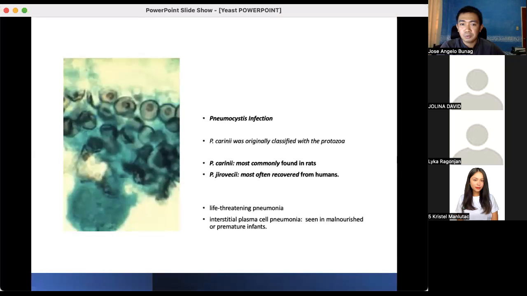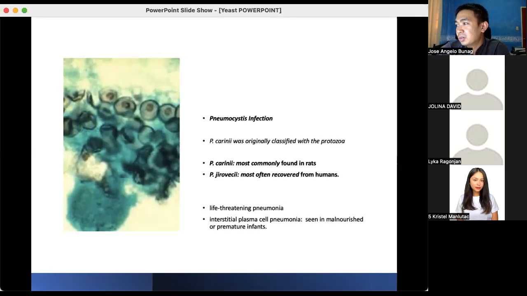And we also have your Pneumocystis infection. But with regard to Pneumocystis, actually, traditionally, we just need to diagnose this by finding disease or trophozoite in tissue obtained through open lung biopsy.